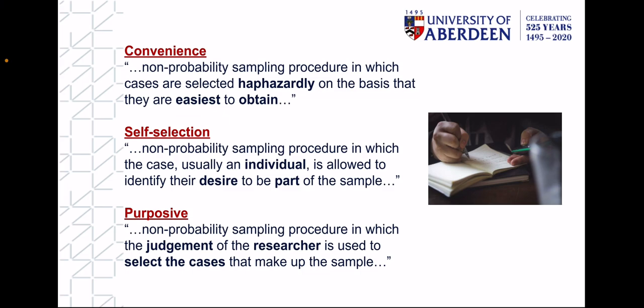So in a nutshell, purposive sampling is a form of non-probability sampling technique referred to as judgmental or expert sample, whereby the goal is to produce a sample that can help you address your research questions and meet your research objectives.